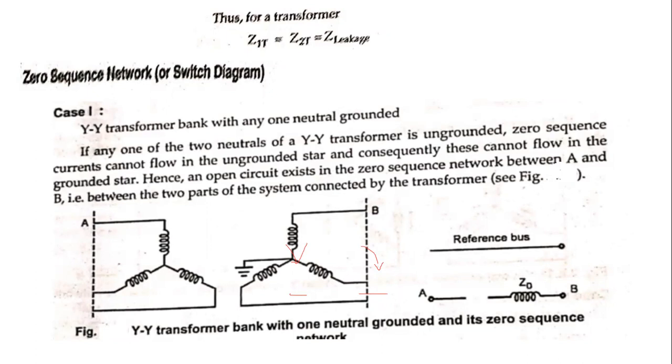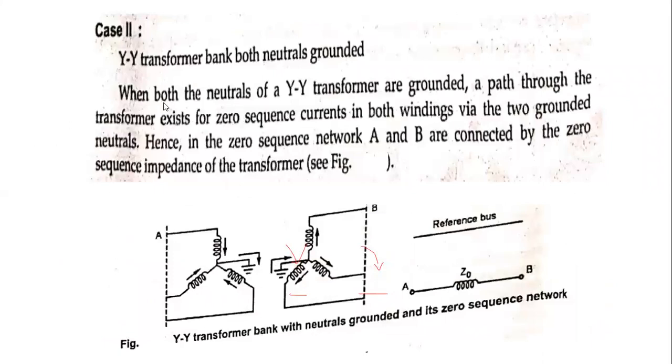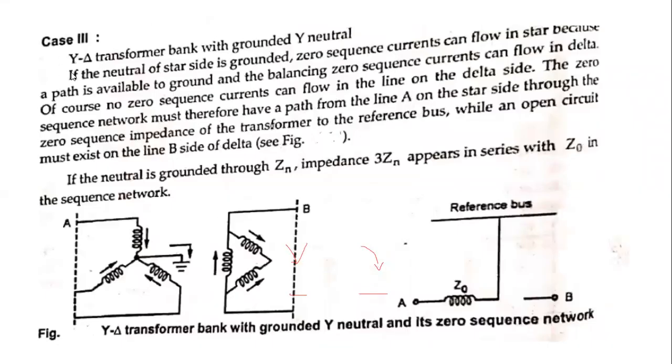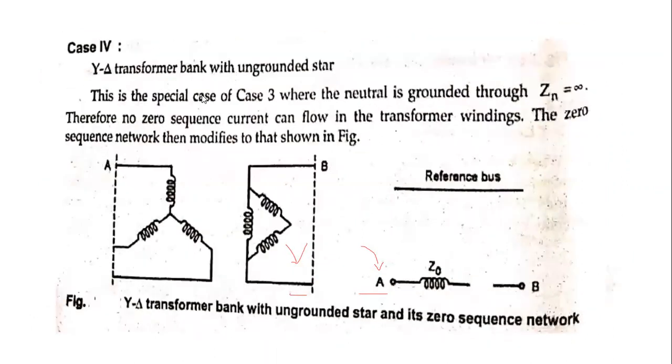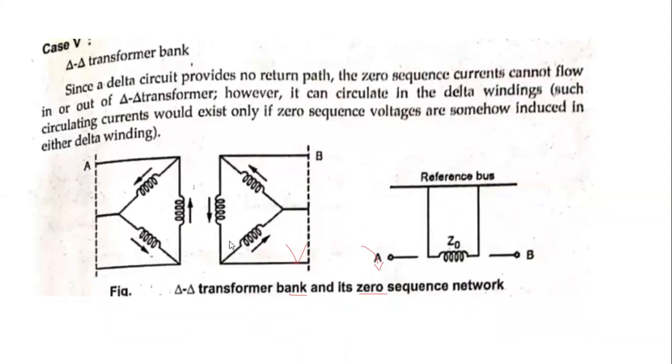There are 5 cases. First one is star star with one grounded. Second one is star star with both grounded. Third case is star delta connection with star grounded, and star delta connection with ungrounded. Last case is delta delta.